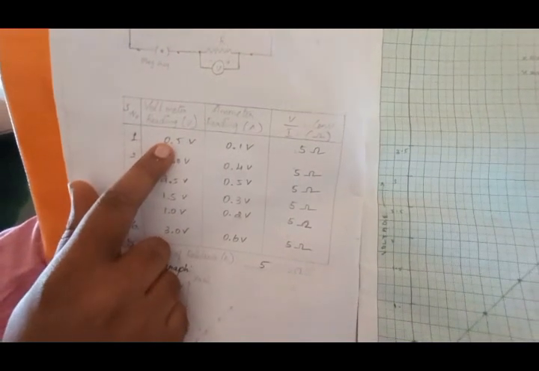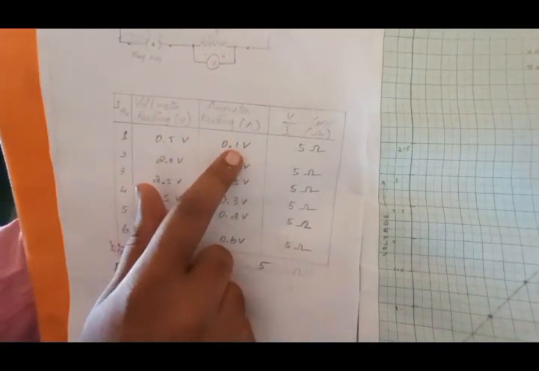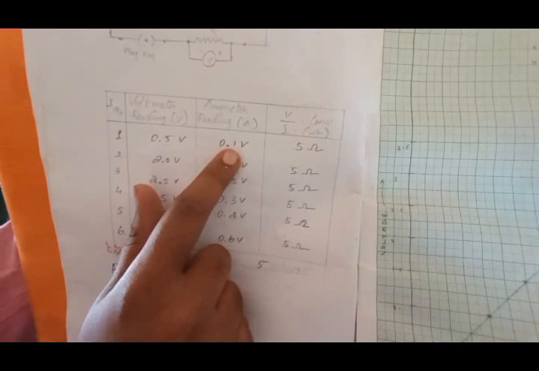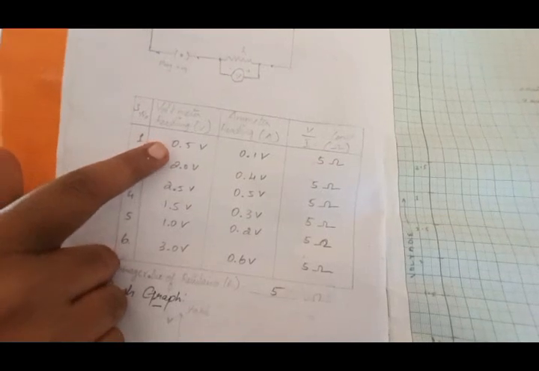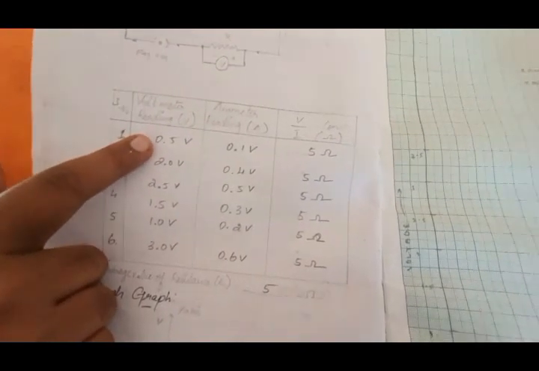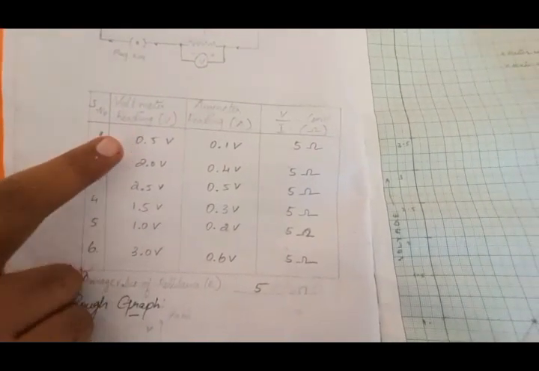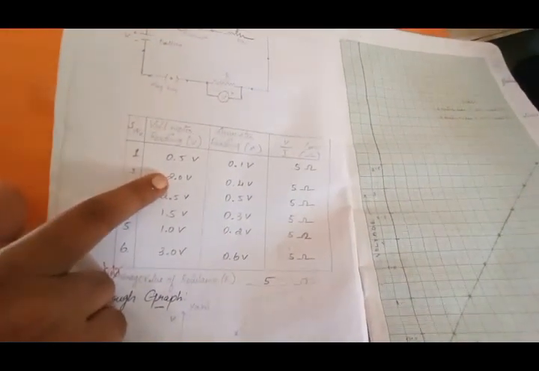For this 0.5 volt, the corresponding ammeter reading is 0.1. Likewise, the experiment is repeated for different values, which means I will be varying the rheostat. First, I will set the voltmeter to 0.5 volt. After that, I will move the rheostat again and set the voltmeter to 2 volt.